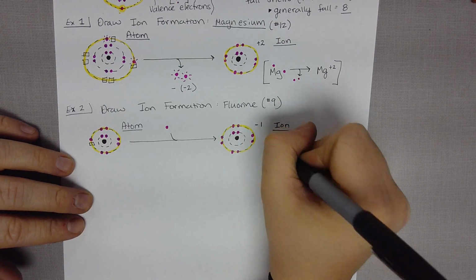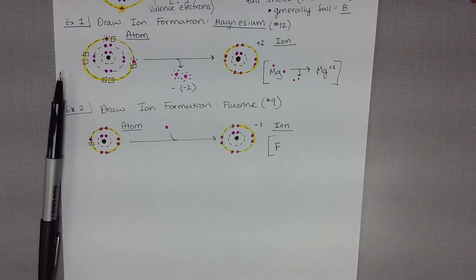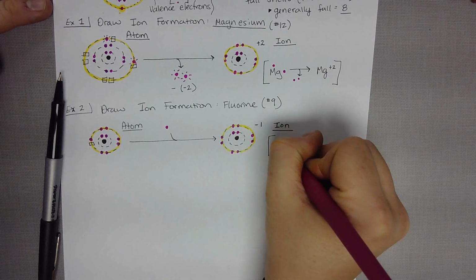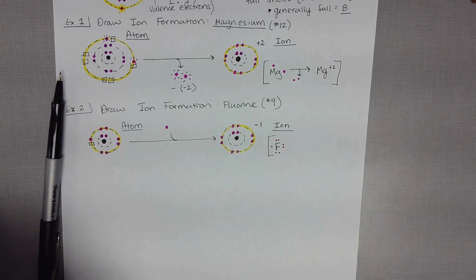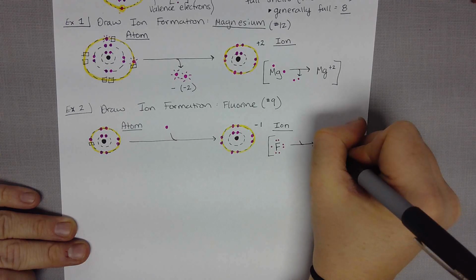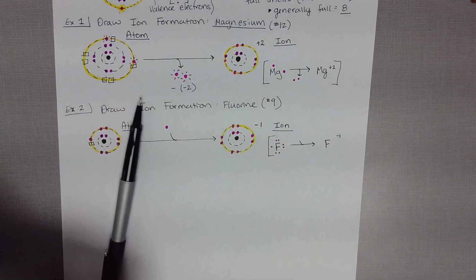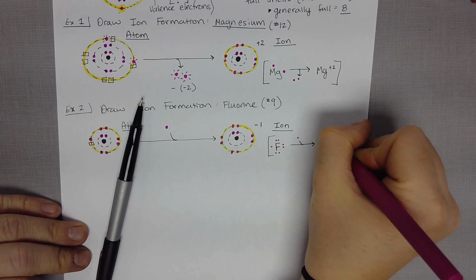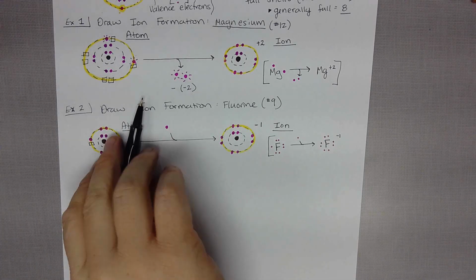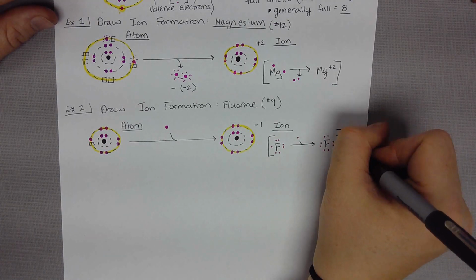And our shortcut here, not much of a shortcut, but you don't have to draw all the rings. We started with 7 valence electrons. We gained 1 into the system and became a negative fluorine ion.